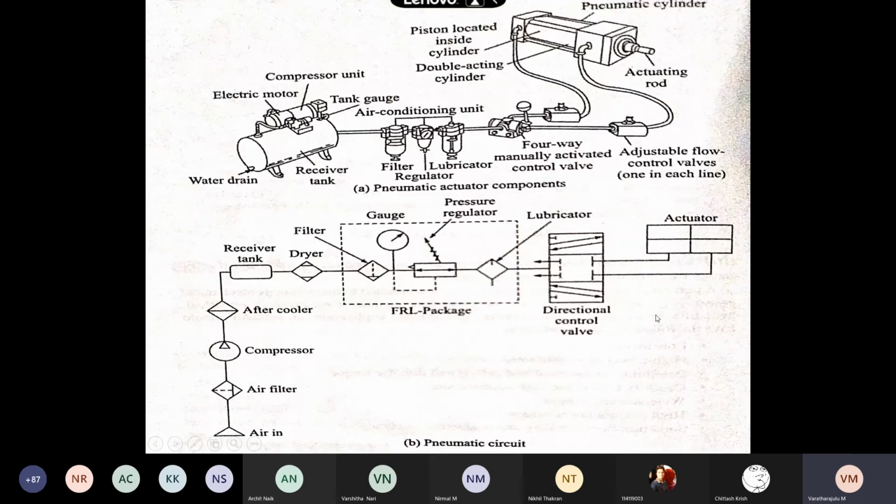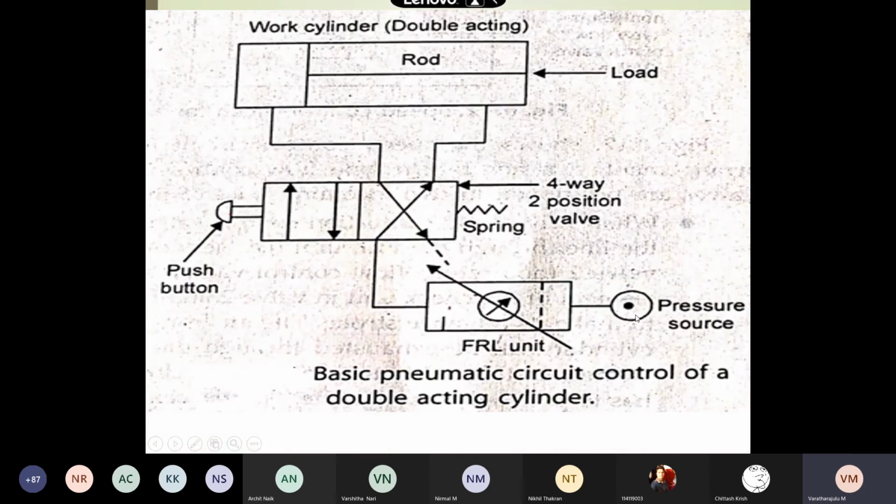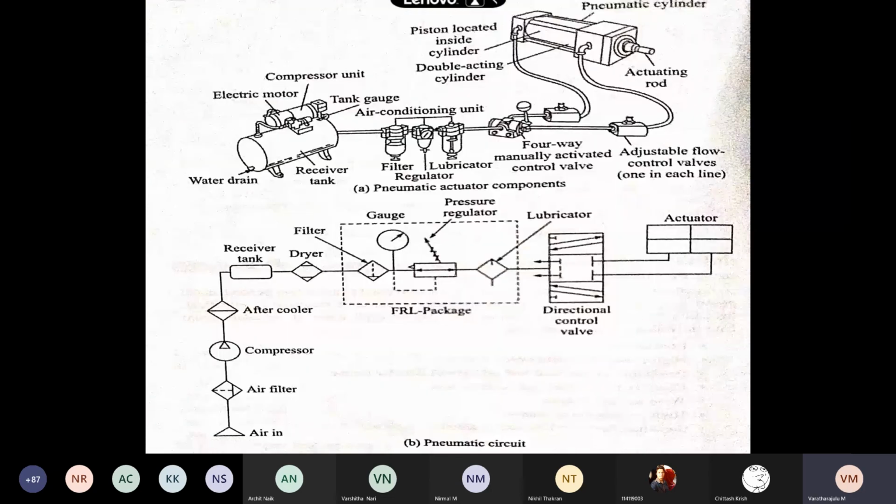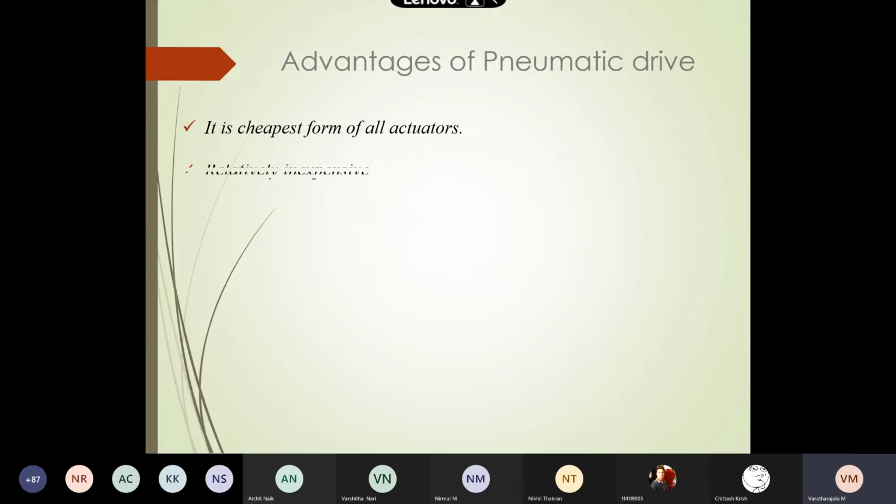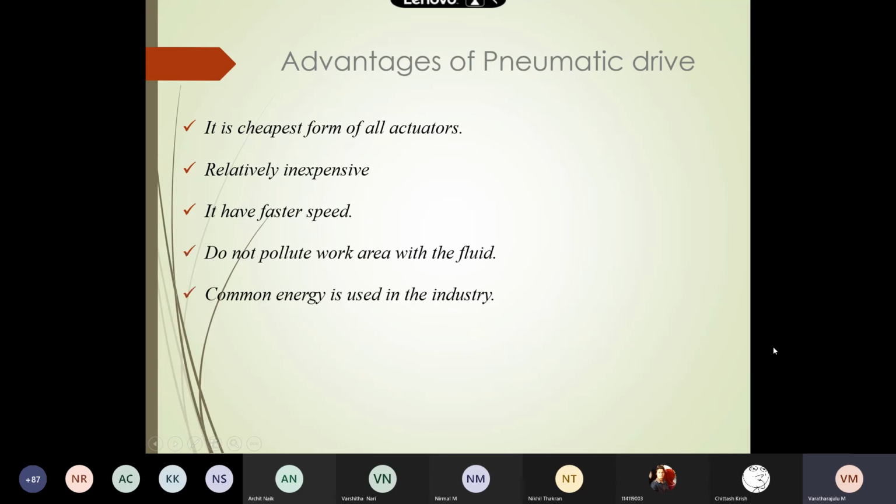In tomorrow's class I'll make a detailed note about the hydraulic and pneumatic working principle, and I think you are well aware of the various components in pneumatic and hydraulic systems, which have various advantages and disadvantages. Pneumatic is the cheapest of all the actuators, relatively inexpensive, has faster speed, and does not pollute the work area with fluids.